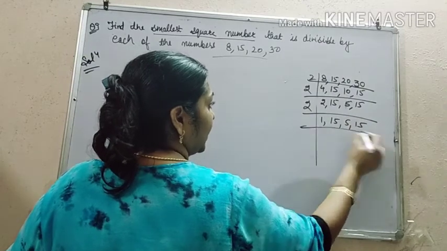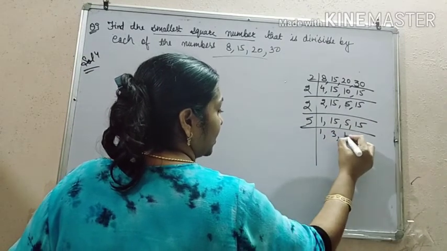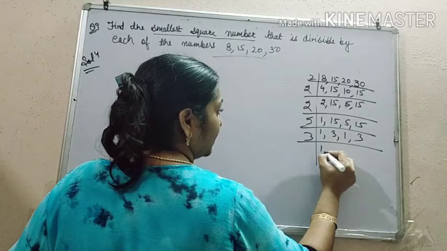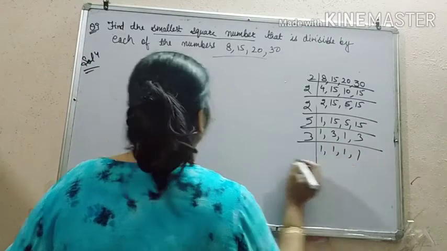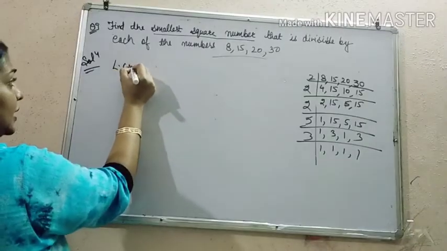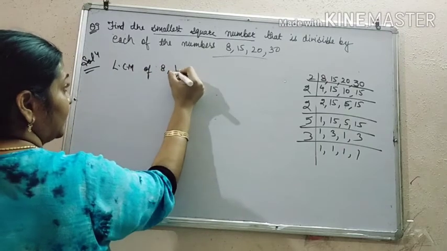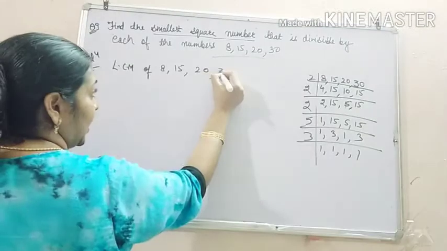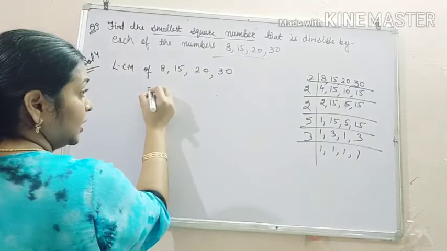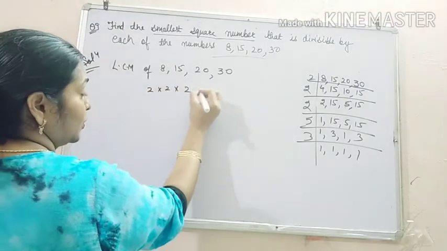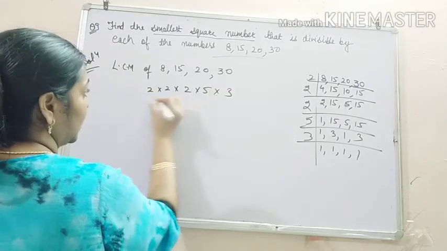Now you can divide it by 5. We get 3. Now again by 3. So we get LCM of 8, 15, 20 and 30 as 2 into 2 into 2 into 5 into 3.